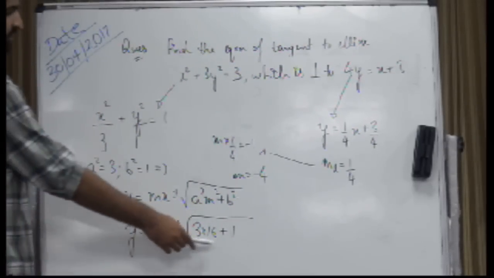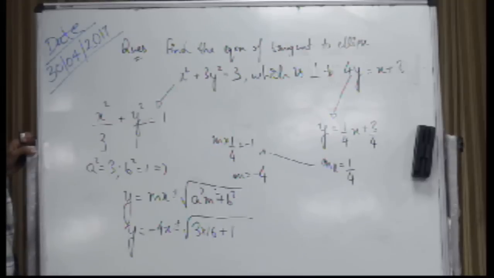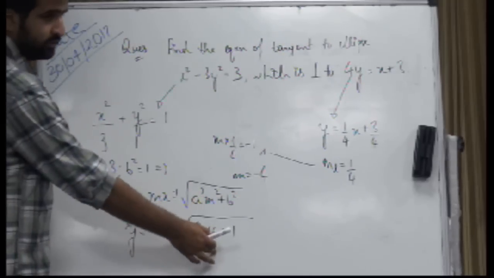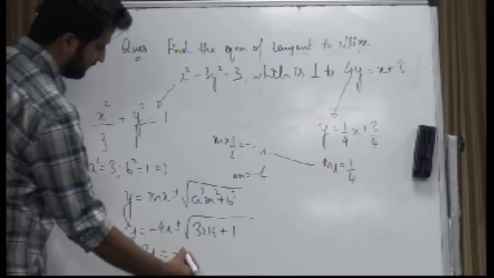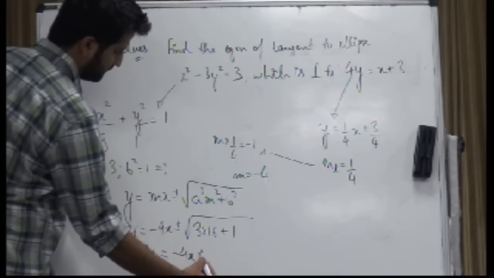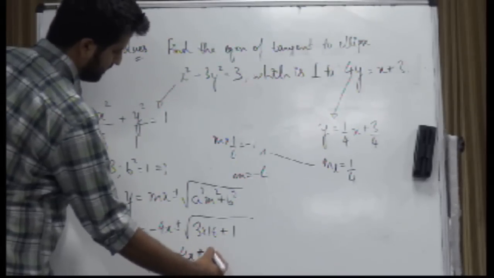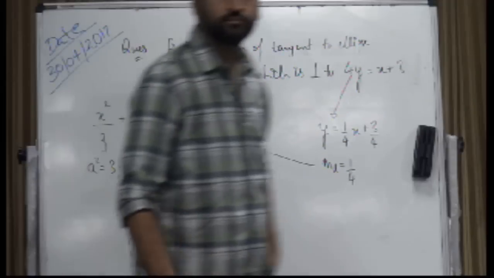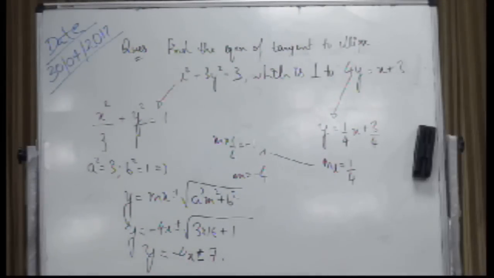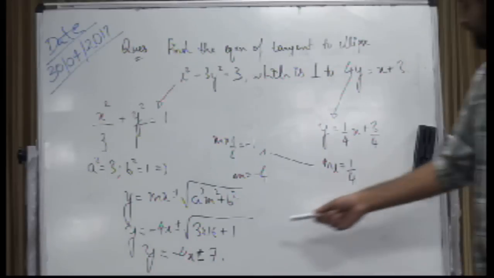So what are you getting here? 49, right? So the square root of 49 will be 7. So y is equal to minus 4x plus minus 7. So this is the answer. Will there be one answer or two answers? There will be two answers. Okay. Will any answer be rejected?